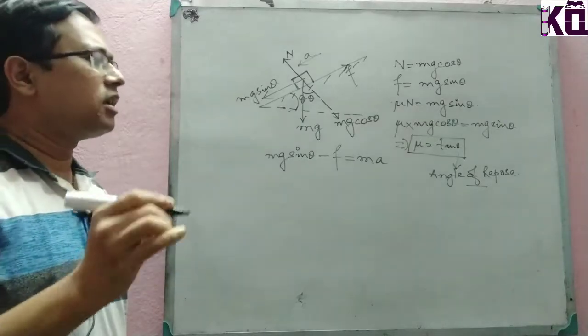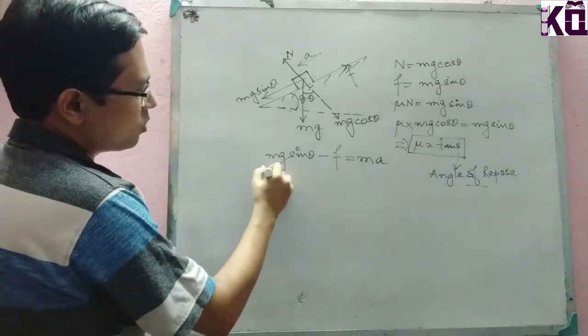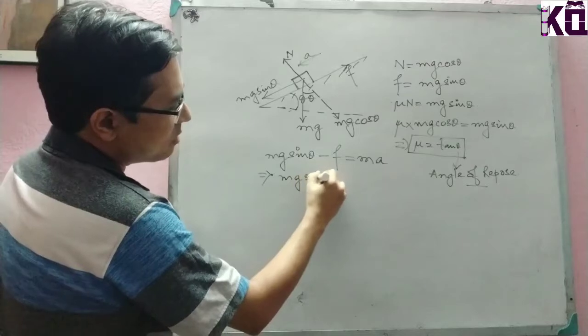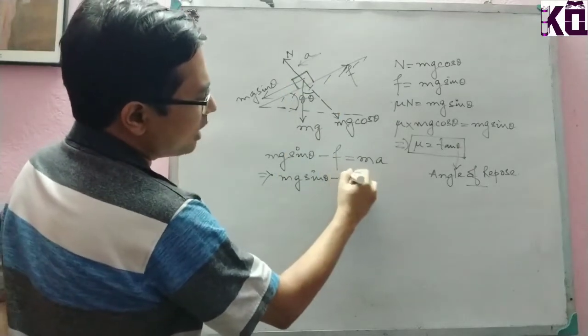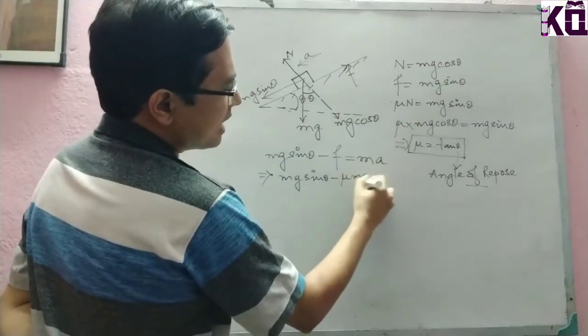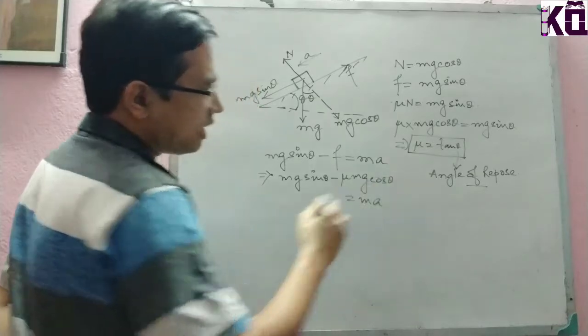Already we know from Newton's second law. So now we can write it like this: mg sin theta minus f becomes mu into N, again, but here N is equal to mg cos theta. We are writing this one now like this, is equal to m into a.